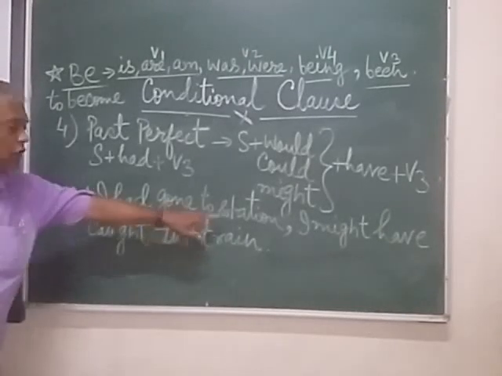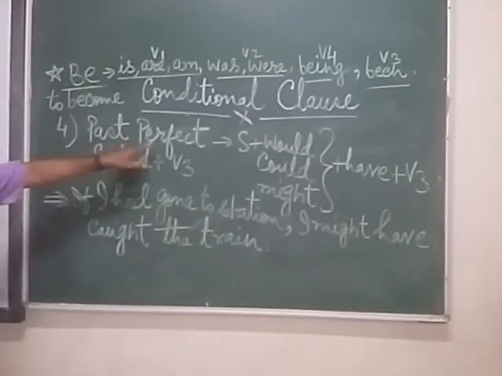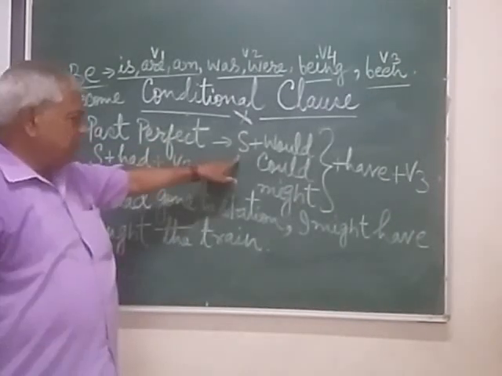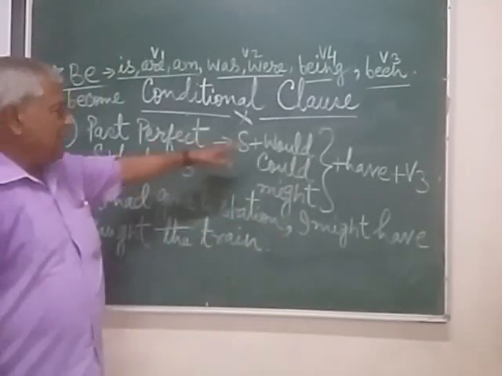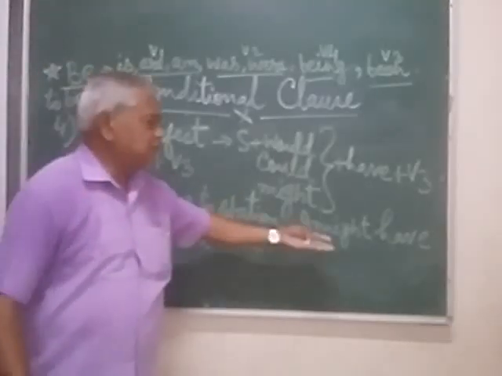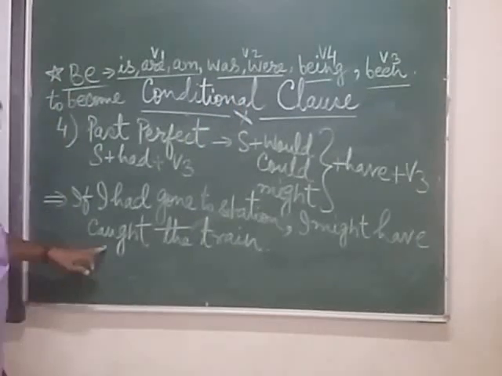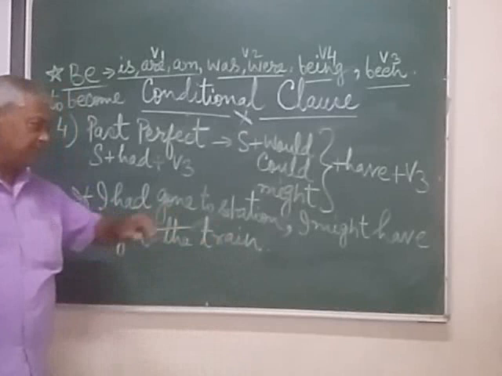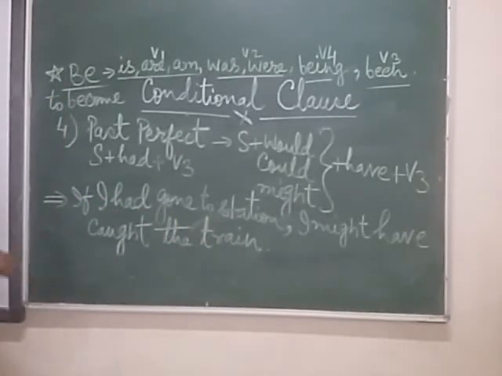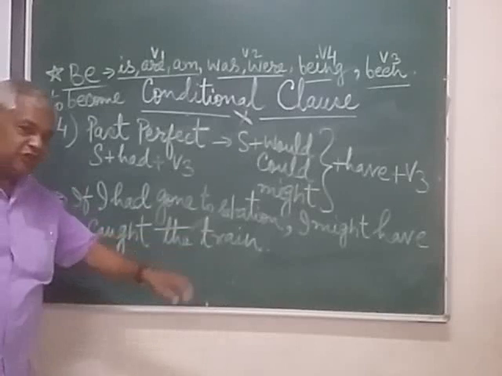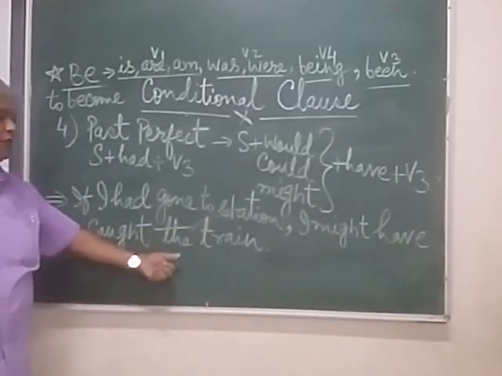If I had gone to station, this is past perfect tense. And another sentence, subject is I, I have chosen one model, that is might, then the word have, then after V3, so catch is V1 and its V3 is caught. So that is V3, caught the train. So full sentence, if I had gone to station, I might have caught the train.